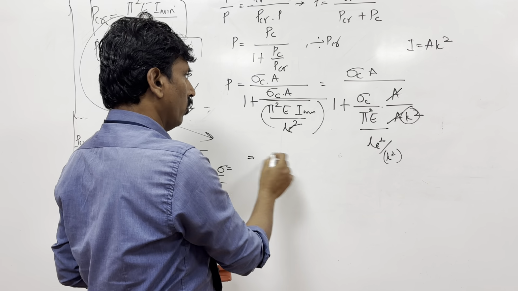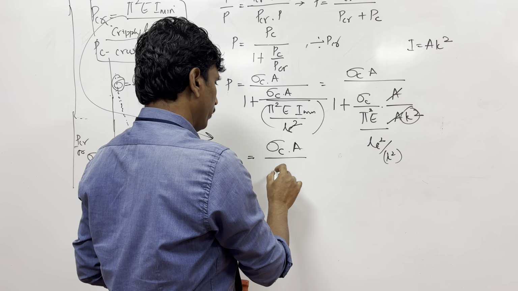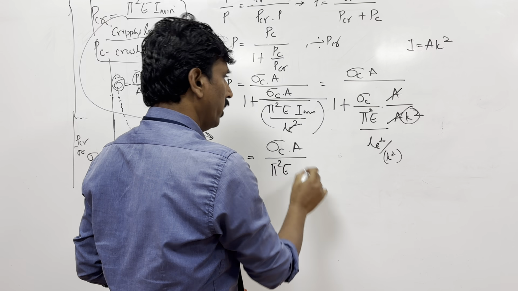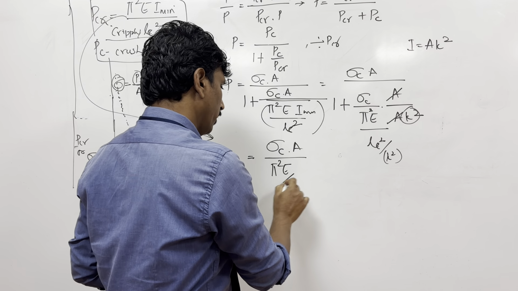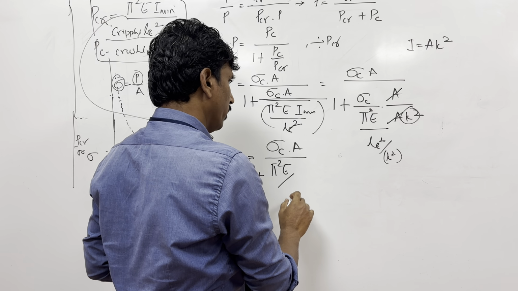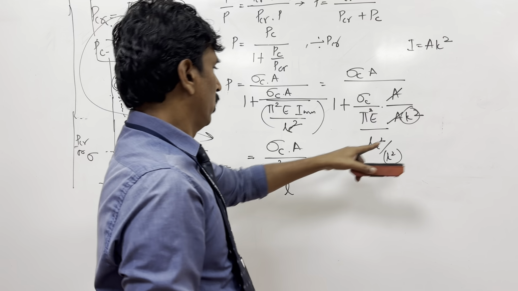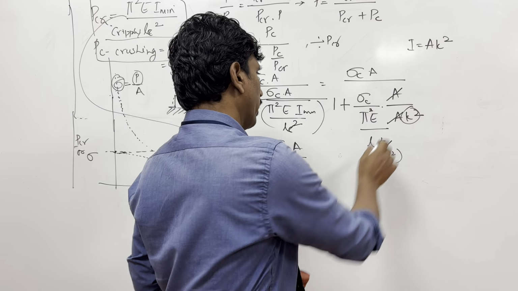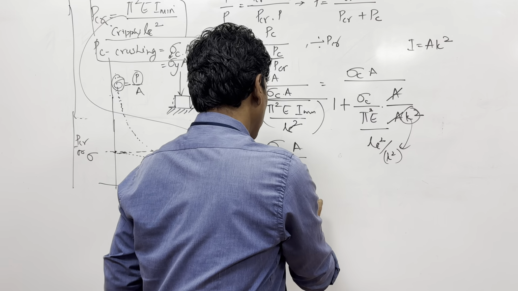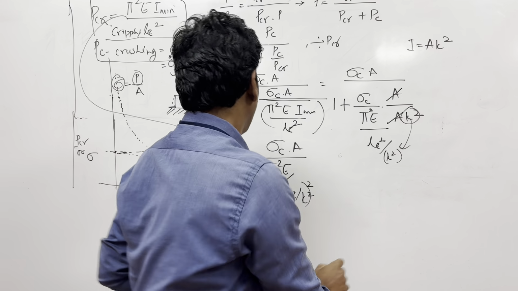So you're left with the equation sigma c into A, and 1 plus pi square E, and this K has come here, LE by K whole square. Is this the formula?